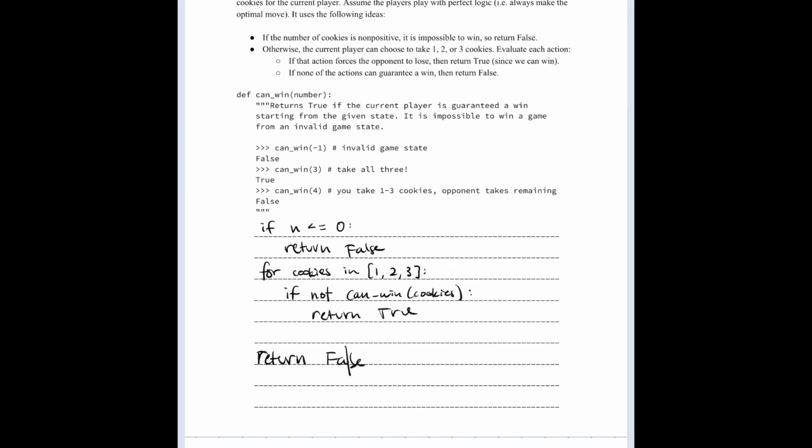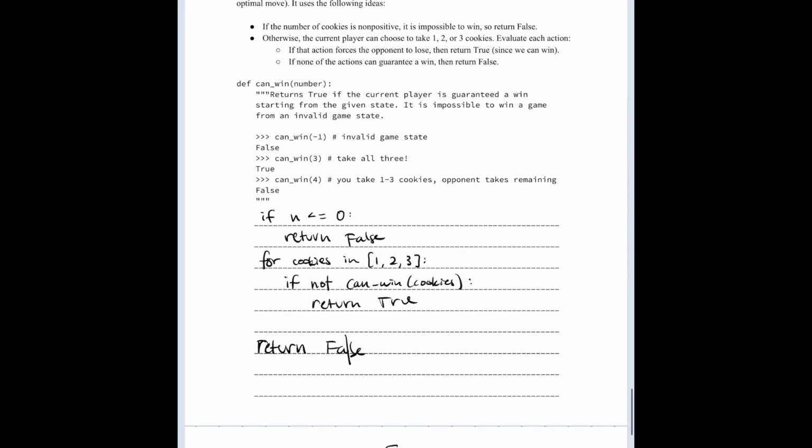And if it's any other number that's not a multiple of 4, then you always can win. So it's just a couple line solution, if you could have thought of it during the test. But this is the recursive solution that we were looking for. We gave credit to either one, so if you came up with the other clever way to do it, then it's totally fine too.